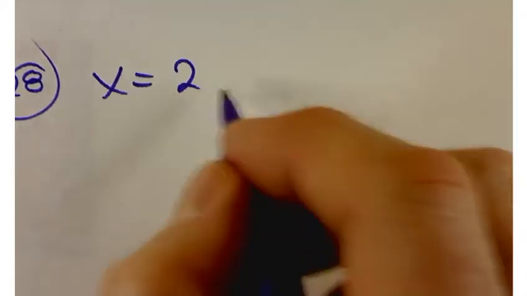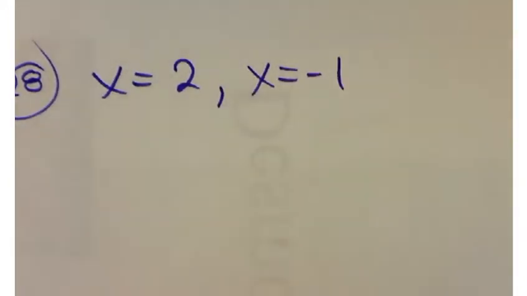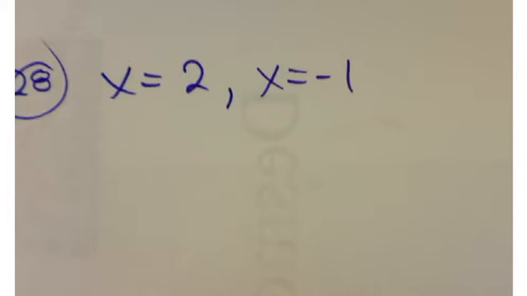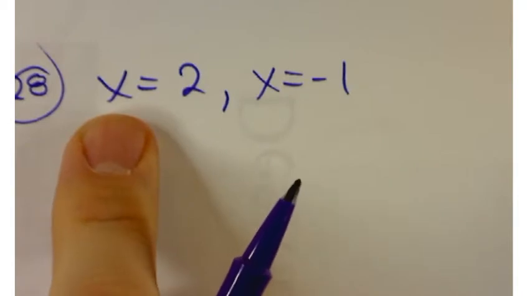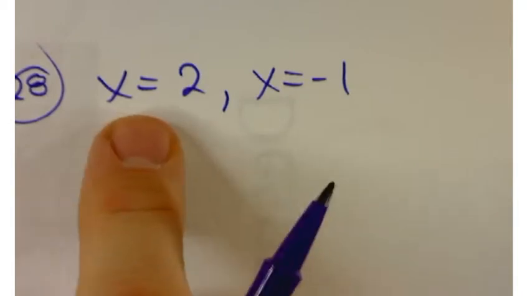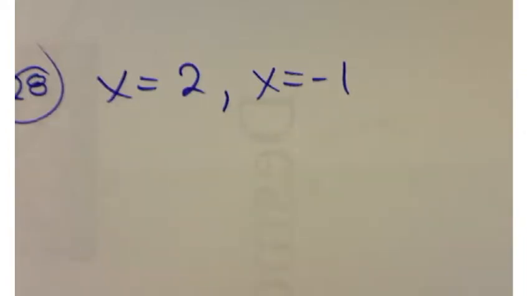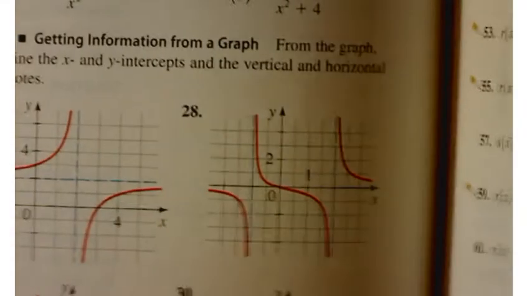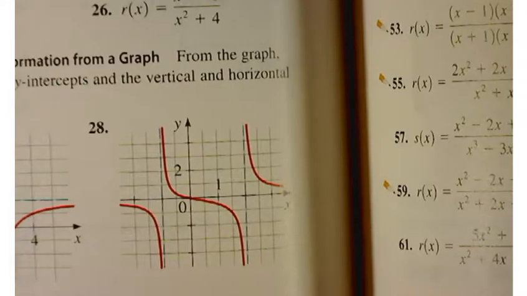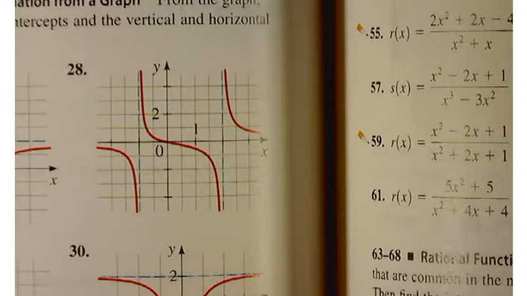That's a vertical line, x equal 2. And x equal -1. Those are your vertical asymptotes. So if you just give me 2 and -1, I get a little uncomfortable because I need to know, is that your vertical line or is that a horizontal line? So please, when I give you these questions, give me x equals something or y equals something. As far as the rest of this is concerned, there's a few more questions we've got to answer. Is there a horizontal asymptote in this one?